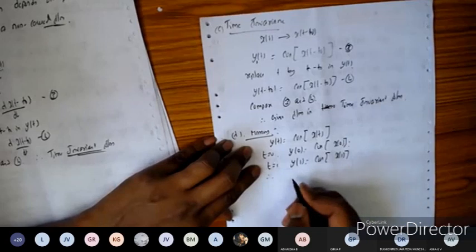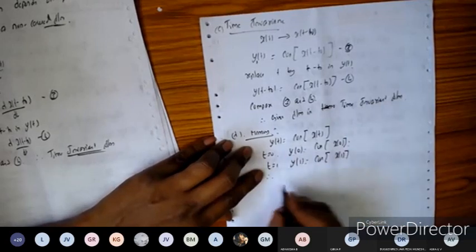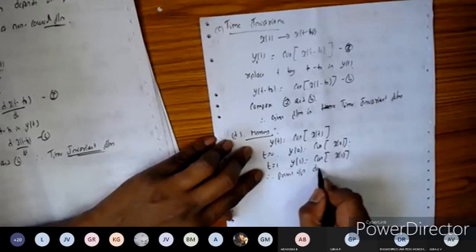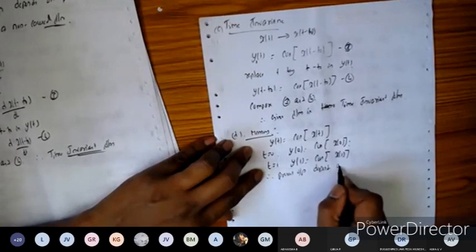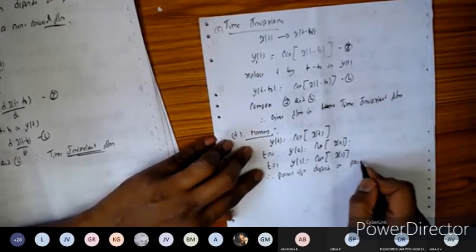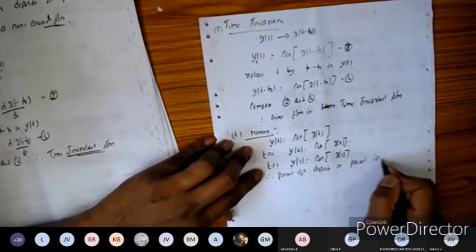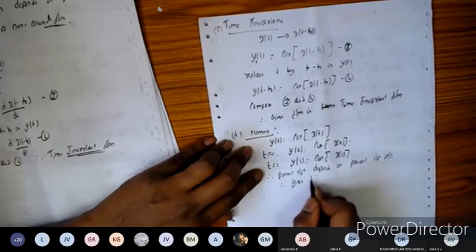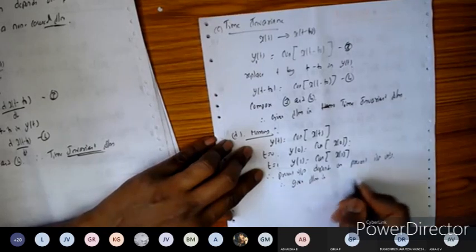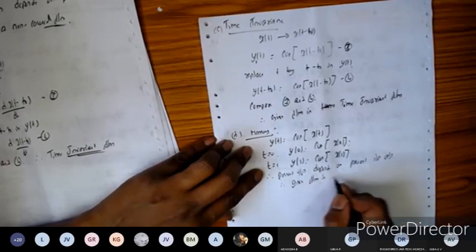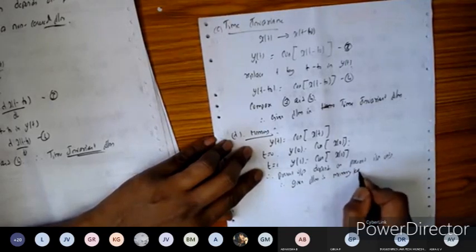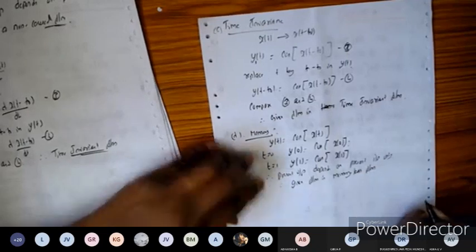Therefore the present output depends on the present input only, so the given system is a memoryless system. You don't have memory.